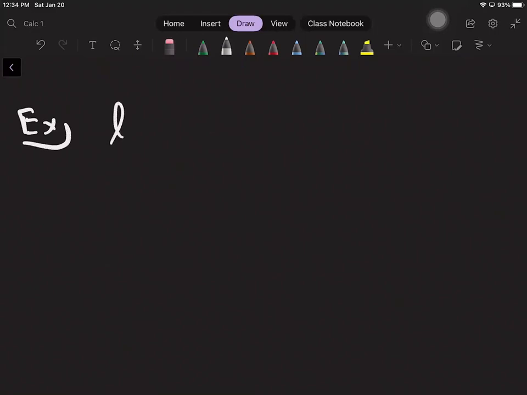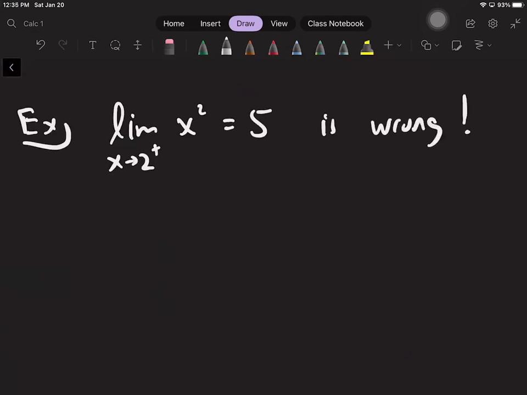So if I ask you, what's the limit as x goes to 2 from the right of x squared, and I say it's 5, this is wrong because that definition doesn't work. Okay, so here, c is 2, L is 5, f of x is x squared.